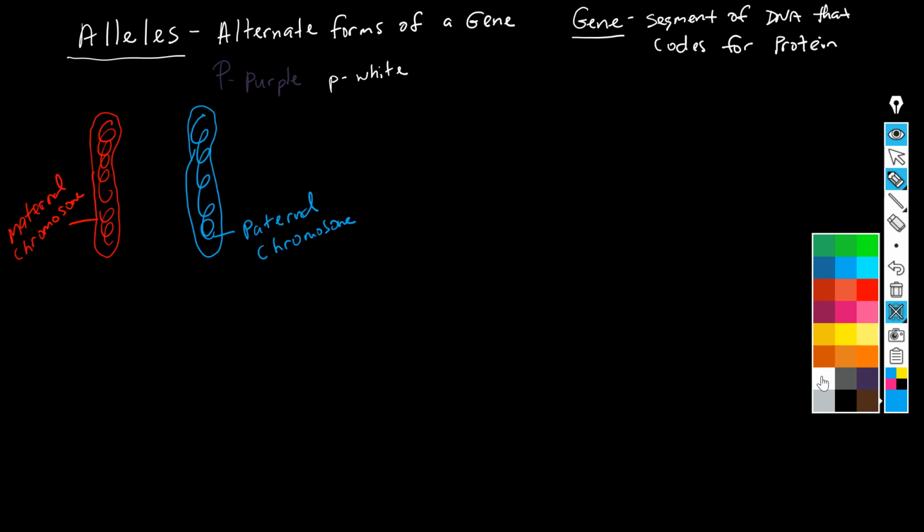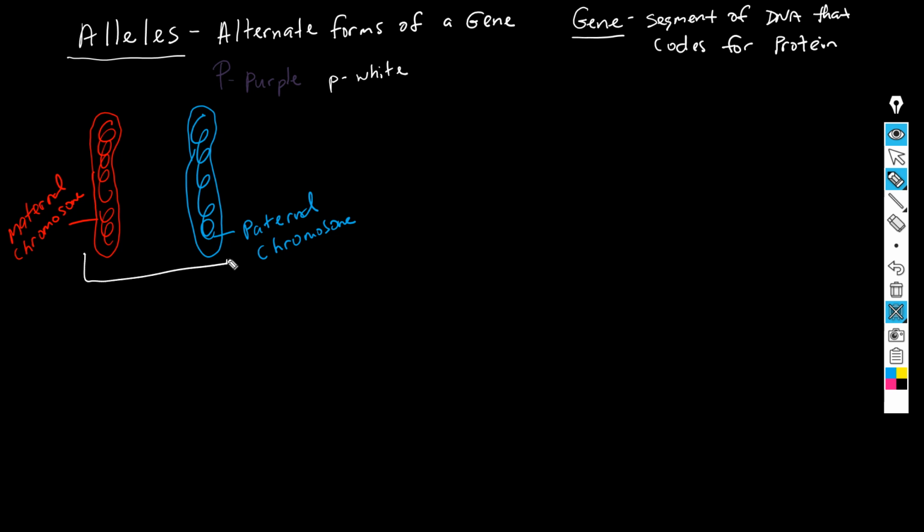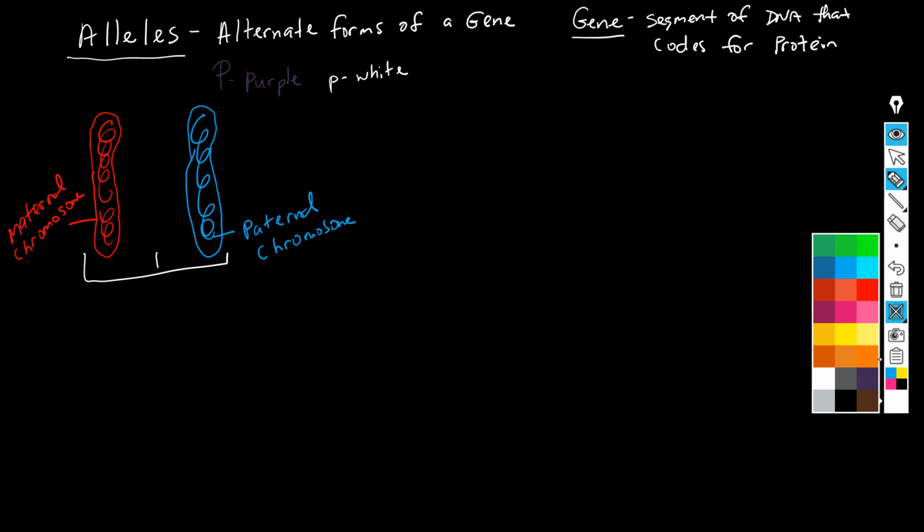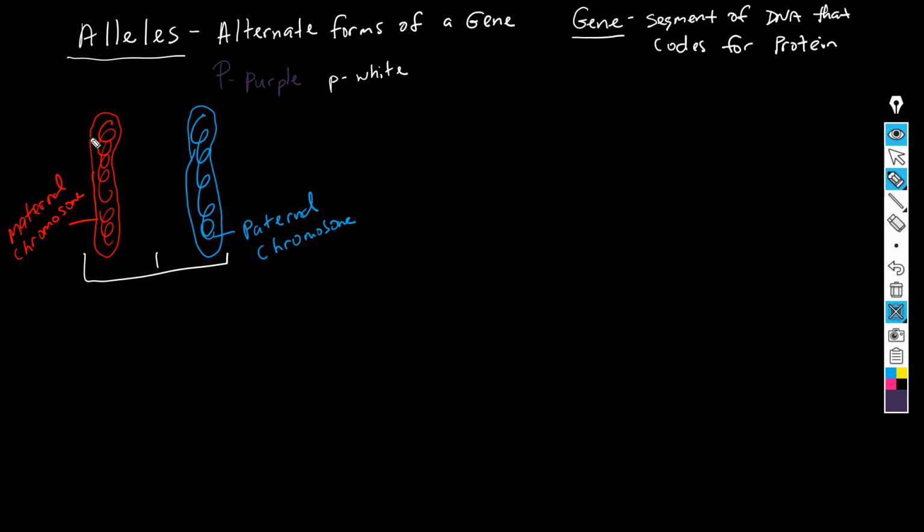Don't quote me on this because I'm not sure exactly which pea plant chromosome pair codes for flower color, but for argument's sake, we'll say that this is homologous chromosome pair number 1. We'll say that the maternal chromosome of this pea plant has big P, and the paternal chromosome has little p.